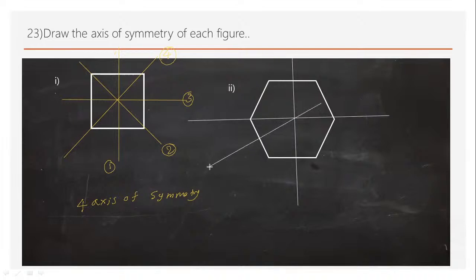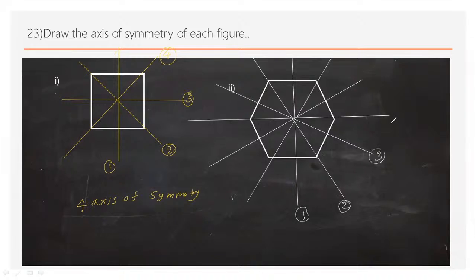Through these bases, you can get 2 equal halves. Then through these two vertices, we can get 2 equal halves, and through this and this basis. Then how many axes are there? 6 here. I will start from here: 1, 2, 3, 4, 5, 6 axes of symmetry. 6 axes.